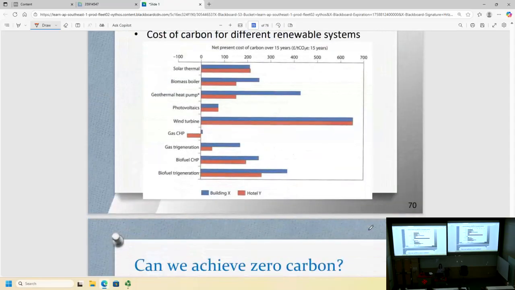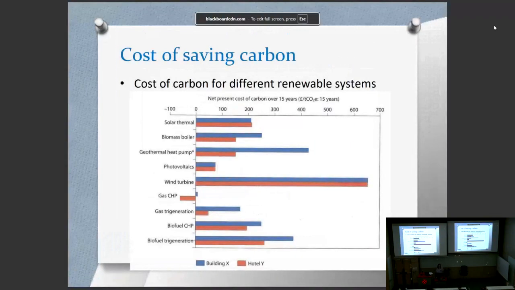Like we may have a diagram like this, with some statistics about the cost of carbon reduction for different kinds of renewable systems. Earlier we discussed the solar thermal collector. For every ton of carbon dioxide reduction, you have to spend more than £200.